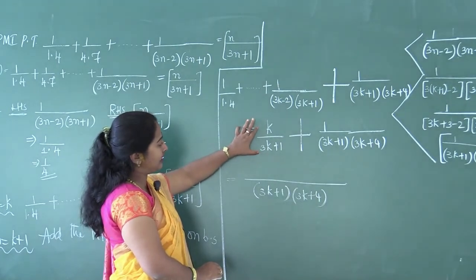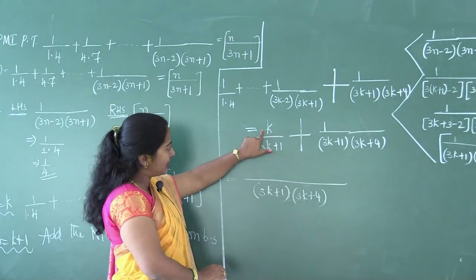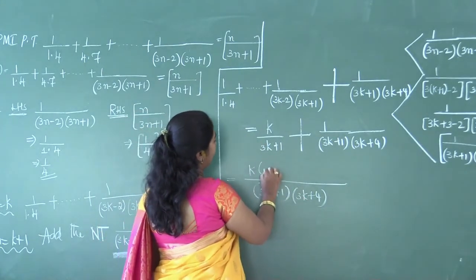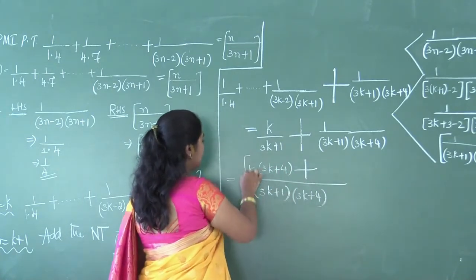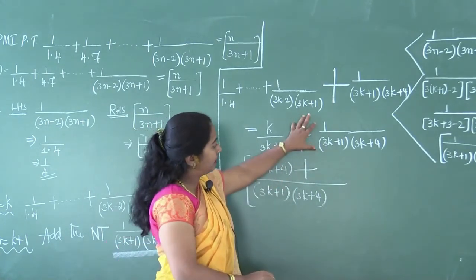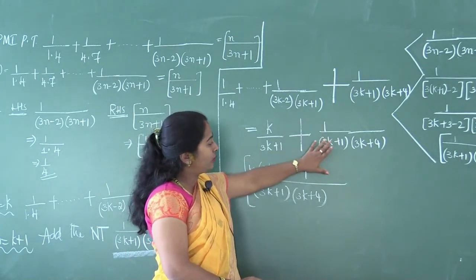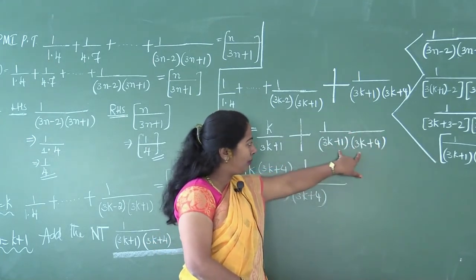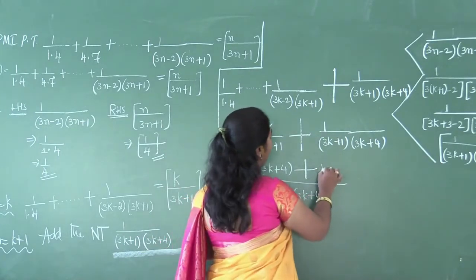When you take the LCM, 3k plus 1 and 3k plus 1 get cancelled. What remains? K into 3k plus 4, plus, consider the second part, 1 upon 3k plus 1 into 3k plus 4. When you multiply with LCM, the denominator and the LCM get cancelled. So what remains? 1.